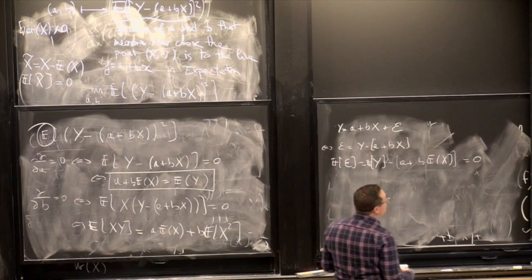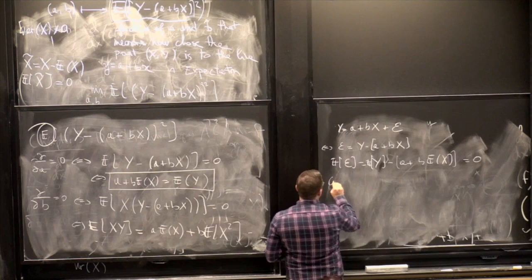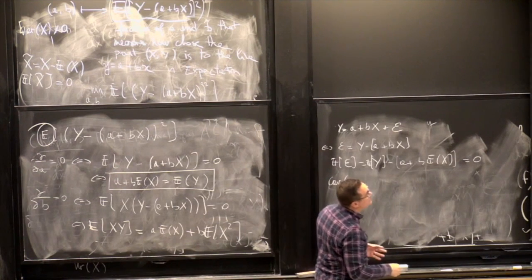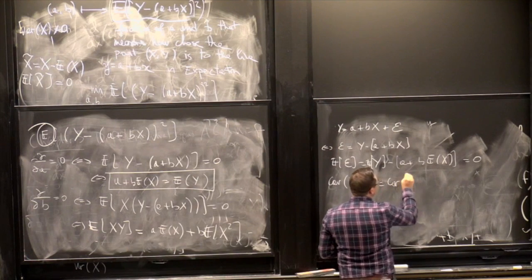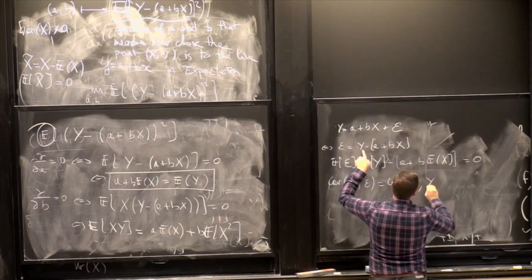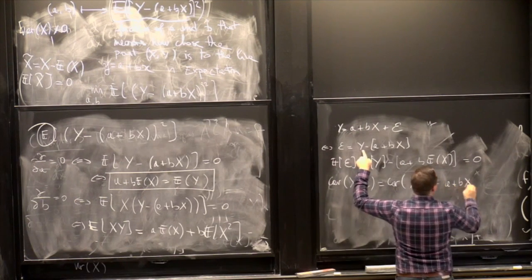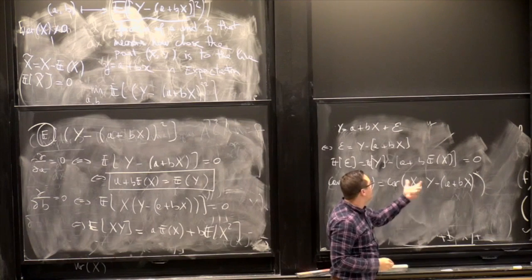Now, the covariance between x and epsilon is what? Well, it's the covariance between x and, well, epsilon was y minus (a plus bx). OK, now the covariance is bilinear.